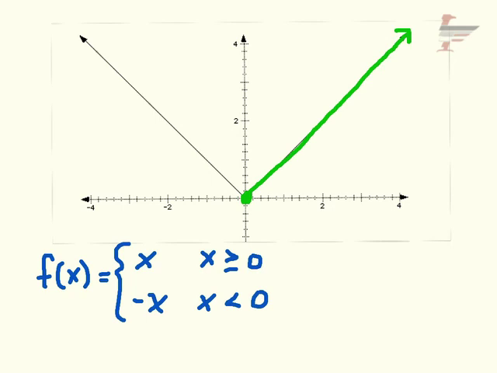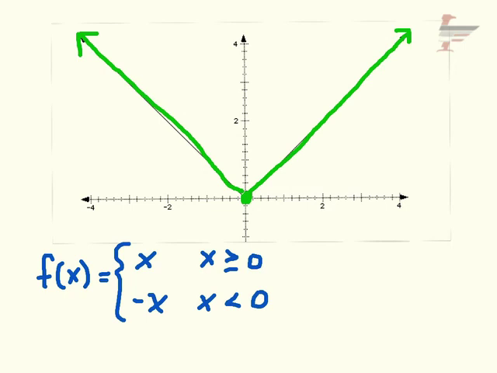The other part is f of x is equal to negative x when x is less than 0. So that is this part of the graph. But together, these two halves are a piecewise function because it's two functions that are put together.